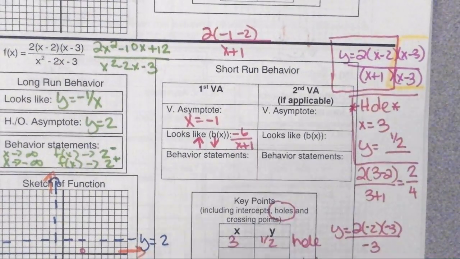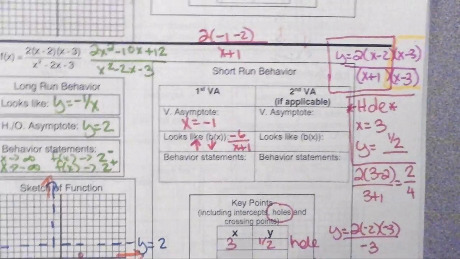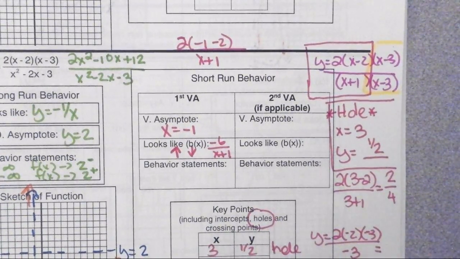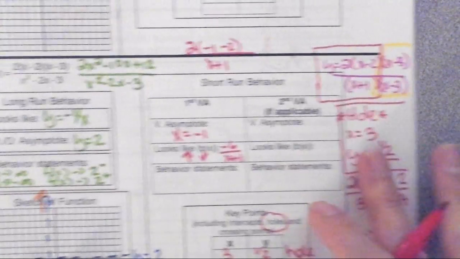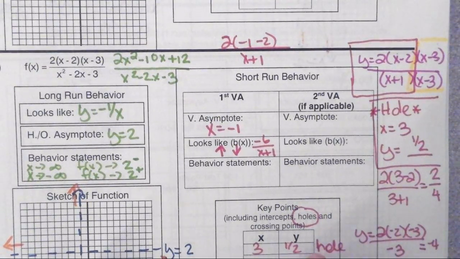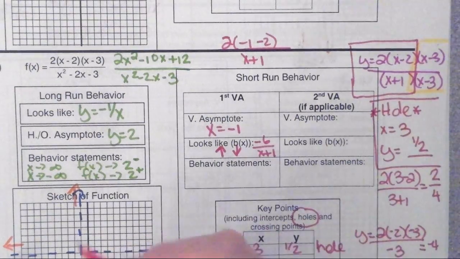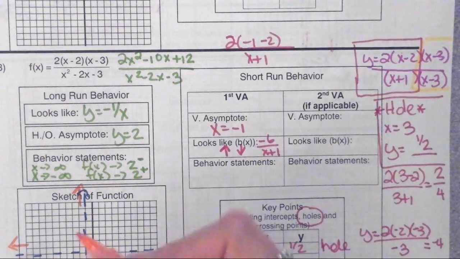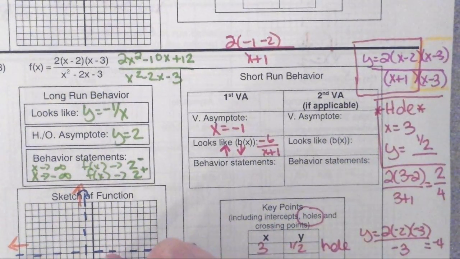So I need to know what that number is. What is 2 times negative 2 times negative 3 divided by negative 3? Negative 4. So my y-intercept is at (0, -4). So at (0, -4), I want a point. 1, 2, 3, 4.